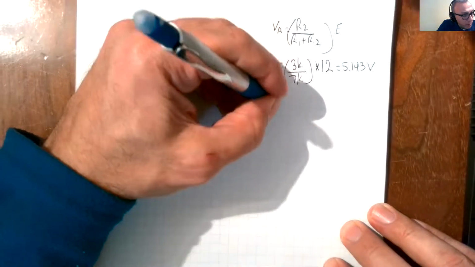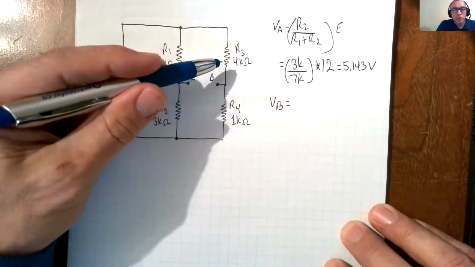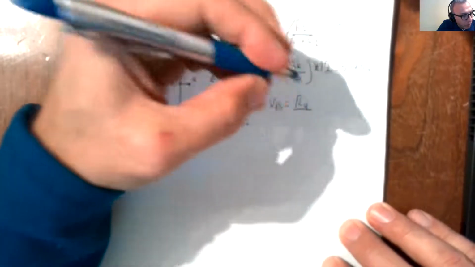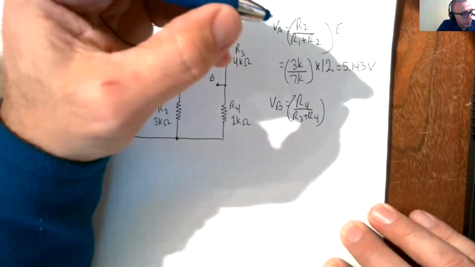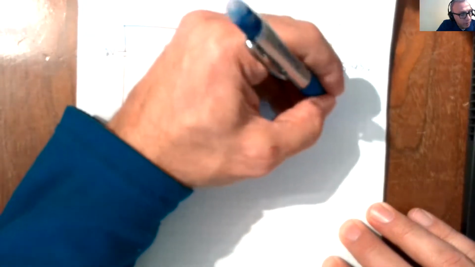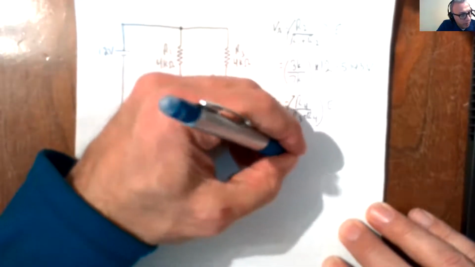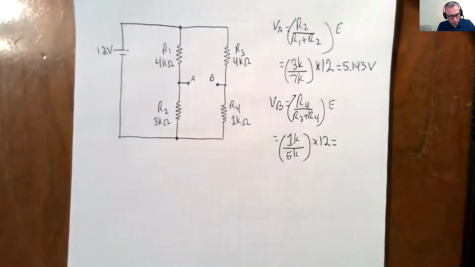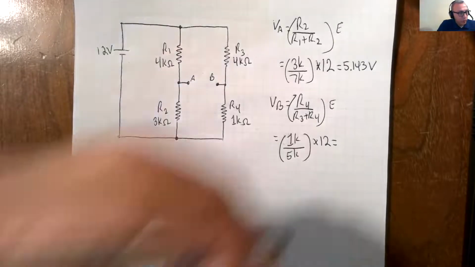Now for VB, which is this voltage, it is R4 over the sum of R3 plus R4 times E. So it is R4 over R3 plus R4 times E, which gives us 1K over 5K times 12, which is 2.4 volts.